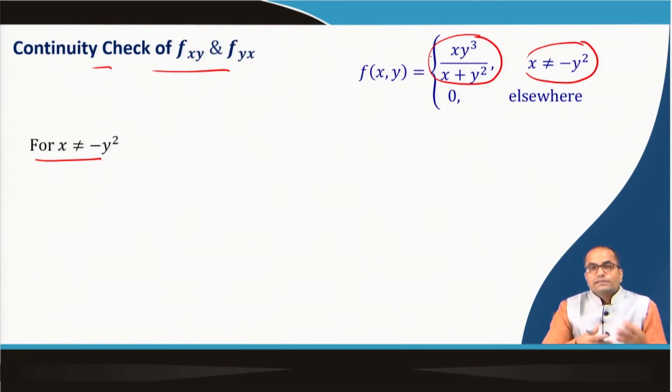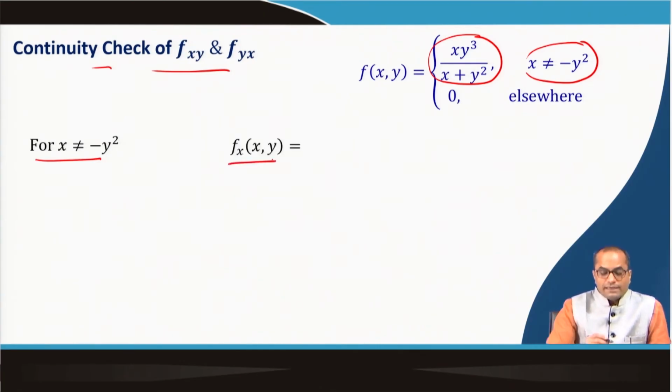This is a nice function, and direct computation of the derivative can give us the expression for f_xy or f_yx. So, in this case the f_x(x, y), the derivative of f with respect to x at point (x, y), where x is not equal to minus y square.